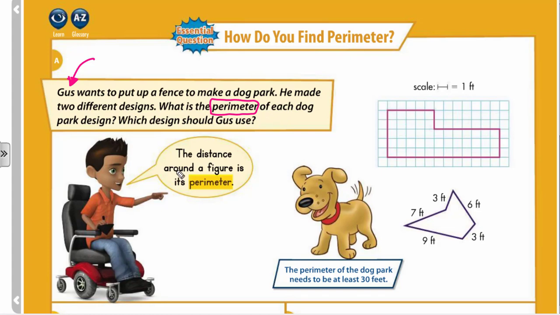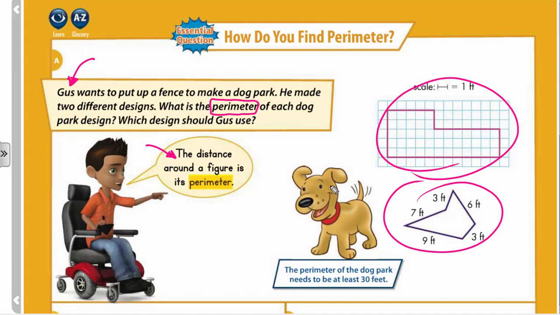Okay, the perimeter is the distance around a figure. So we have two designs. This is the first and this is the second. And we need to find the perimeter for each one of them. And the perimeter is the distance around each figure of these.